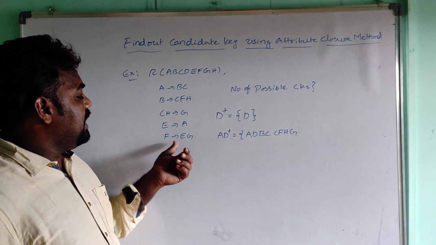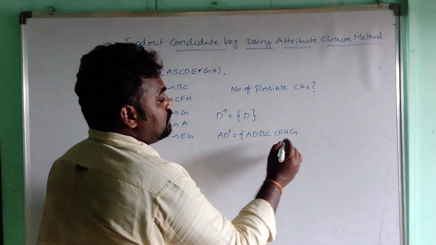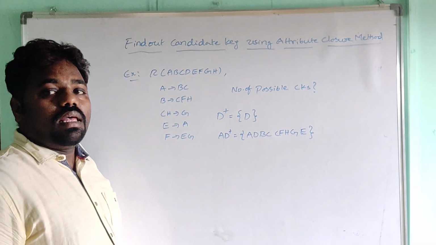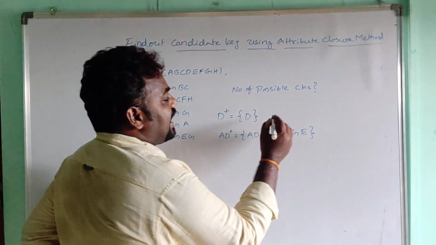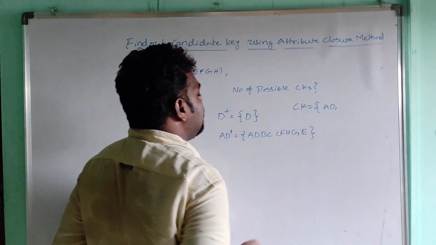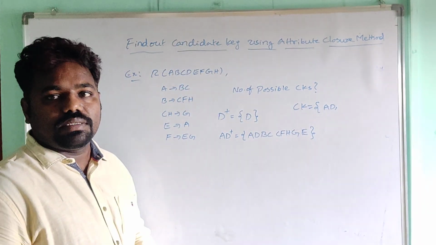Then F determines EG. Here this is the first candidate key for this relation. AD can determine all the elements.